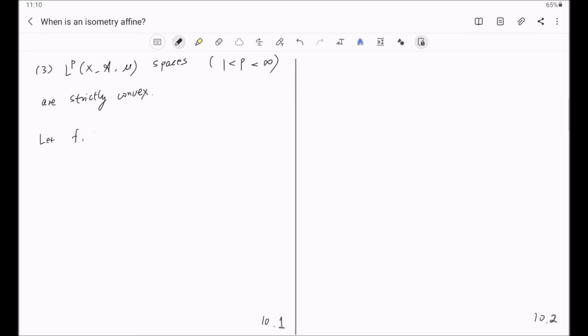Let f and g be elements in the Lp space with p strictly greater than 1 and less than infinity, and assume they are non-zero.